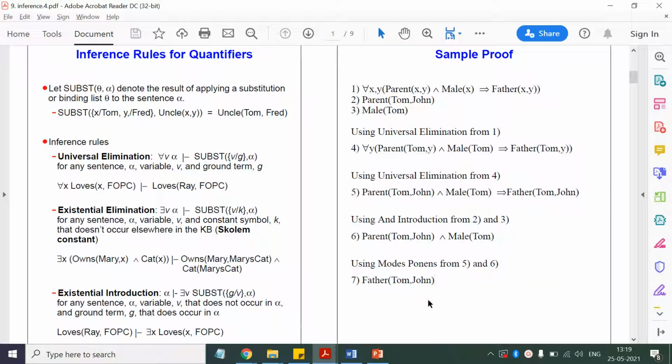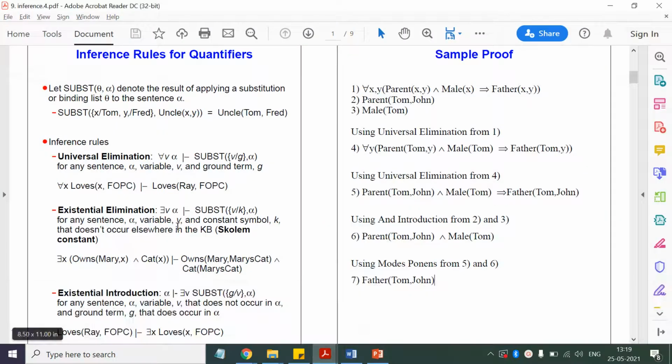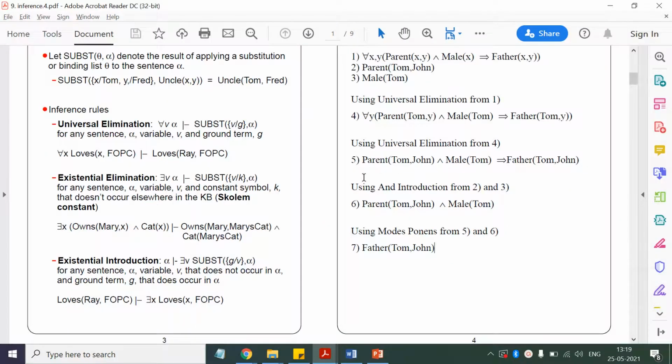Did you get this concept? So what is the inference logic here? First, we are trying to reduce our first order logic statement to the propositional statement, and then we are using the inference rules of propositional logic to prove this predicate first order logic statement.